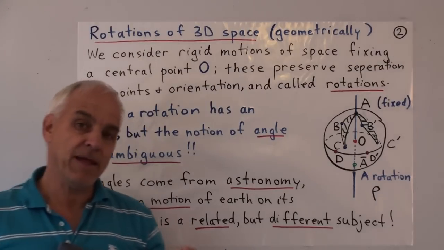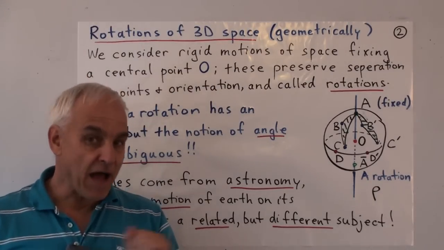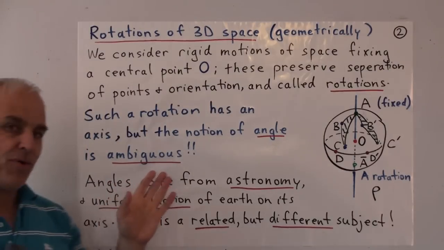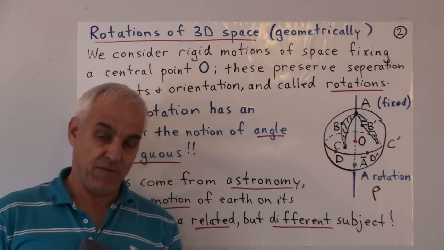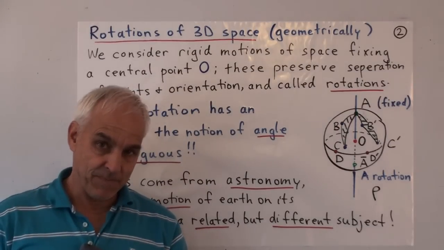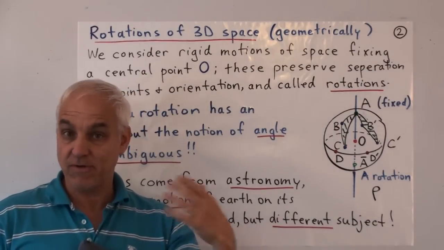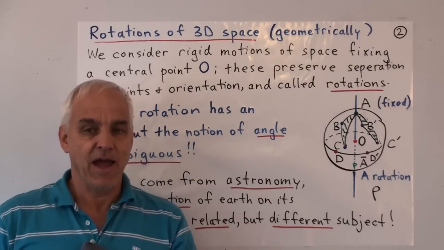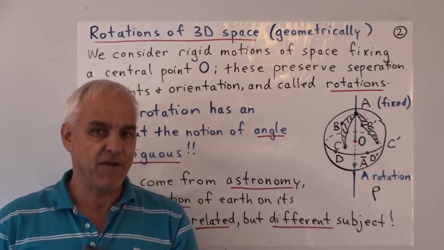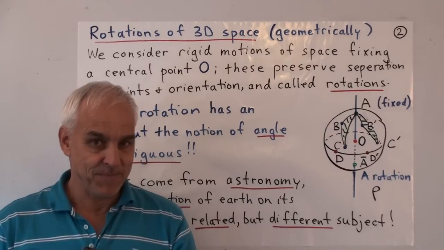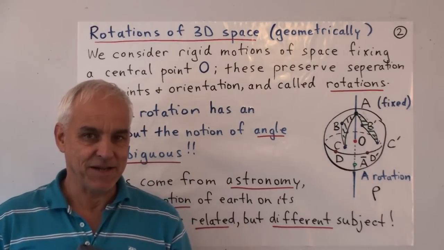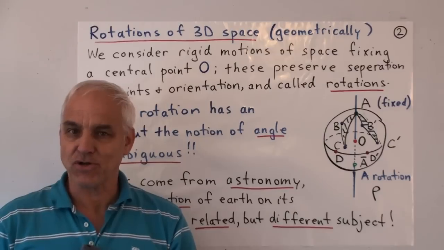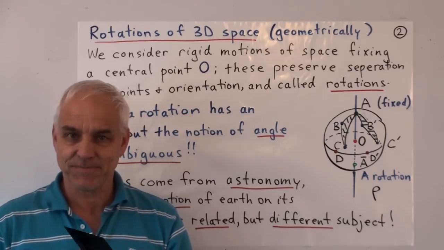So in astronomy, angles are completely unavoidable and play a very important role. Surprisingly though, when we're studying the geometry of three-dimensional space, and in particular rotations and reflections and other motions, we don't need to use angles, and often using angles makes life more difficult for us. That's going to be an important idea that will even inform our discussion of quaternions in our next lecture.